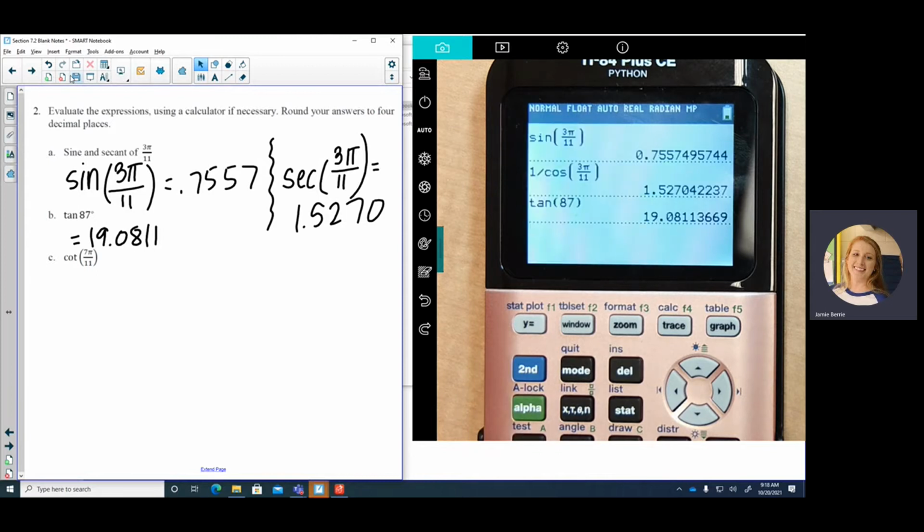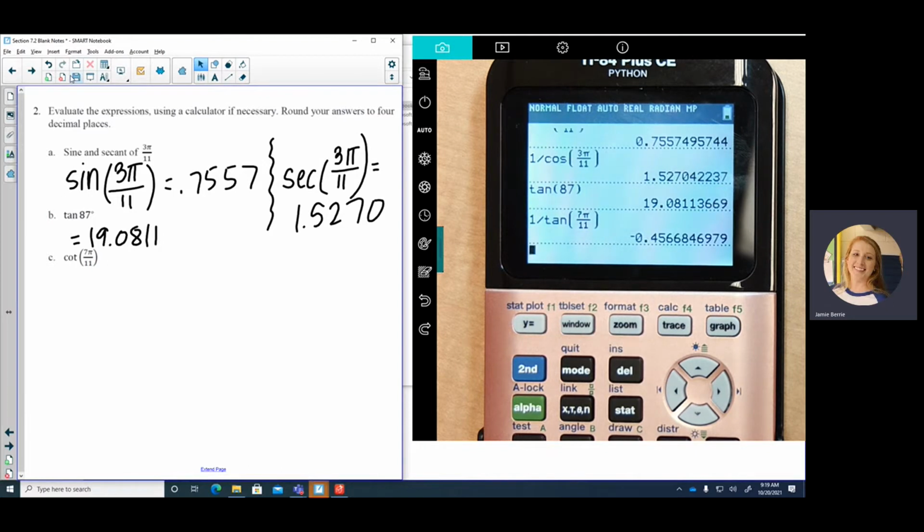So cotangent, we know that is the reciprocal of tangent, so that's going to be 1 divided by tangent of 7 pi over 11. And it's okay to get negative values, so that's negative 0.4567 if we're rounding to 4 decimal places.